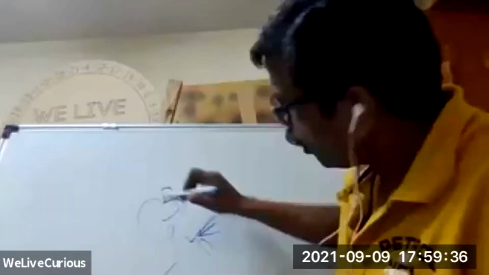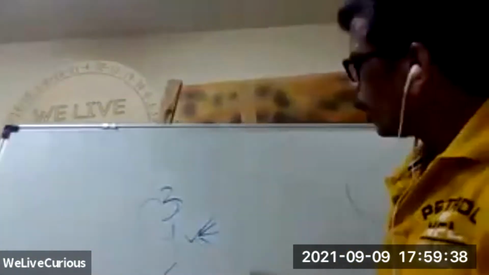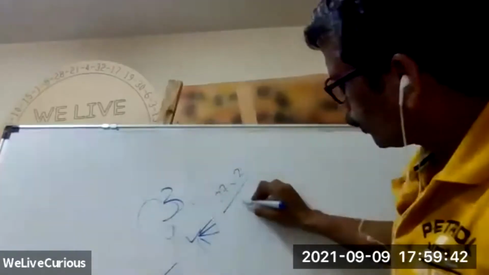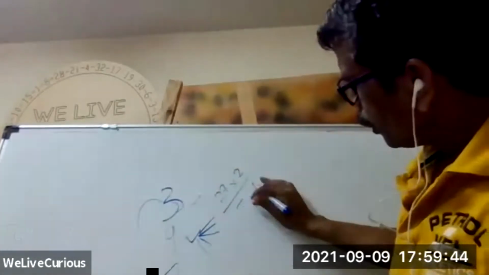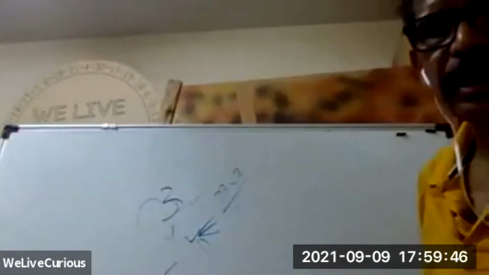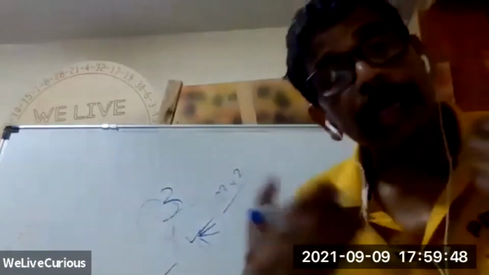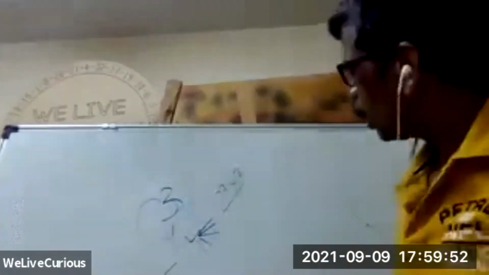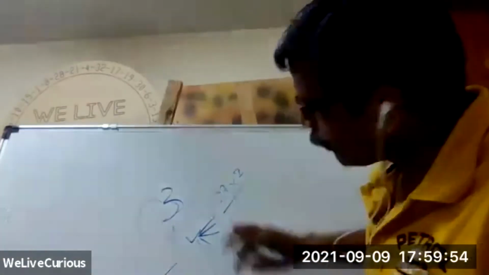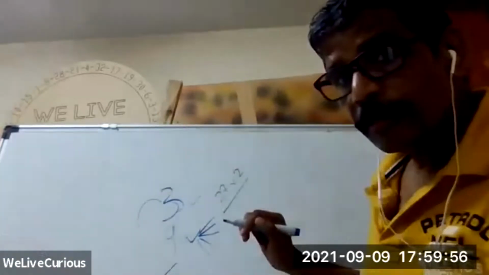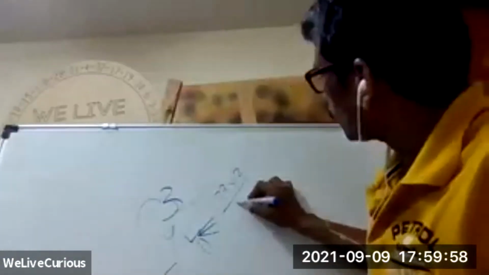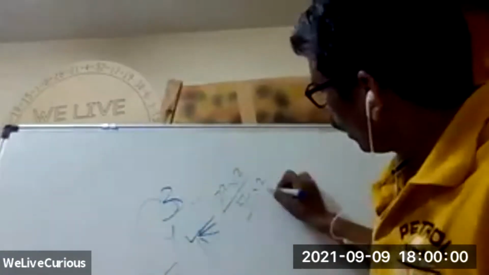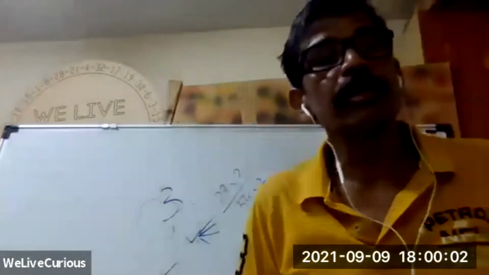It is 3 into 9 into 4. 3 into 9 is 27, and 27 into 4: better to double and then double again. 27 doubled is 54, and 54 doubled is 108. 108 choices.